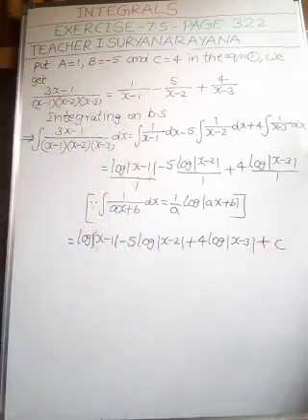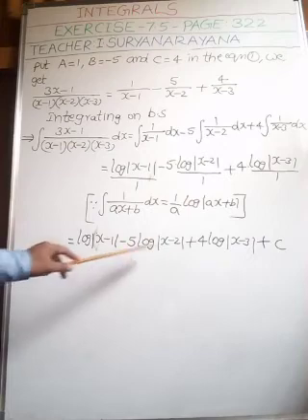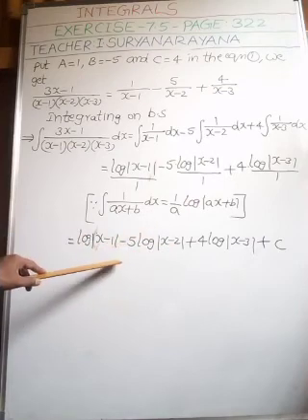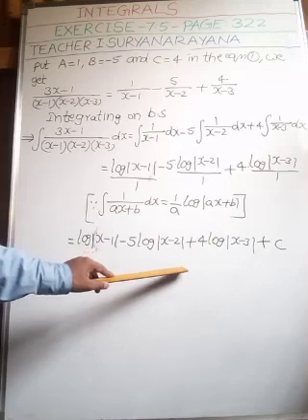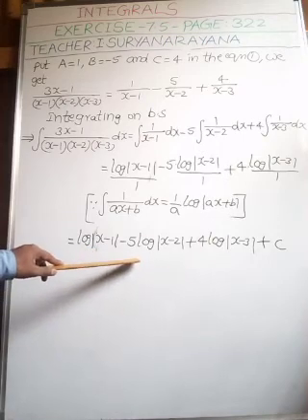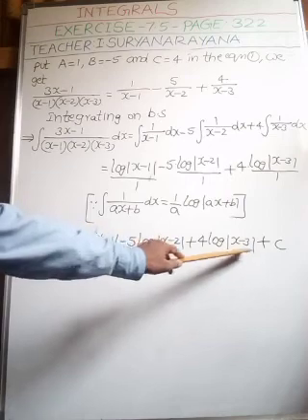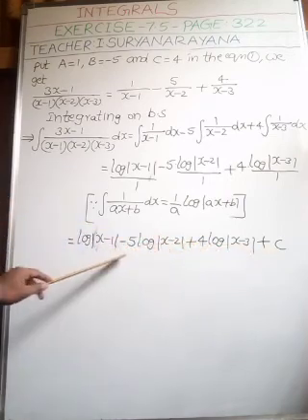We can use logarithmic properties here and simplify as a single term. Otherwise, we can leave it at this step. Okay, my children, this is the last step. We can consider this the last step. So for this last step, we are adding the constant of integration.